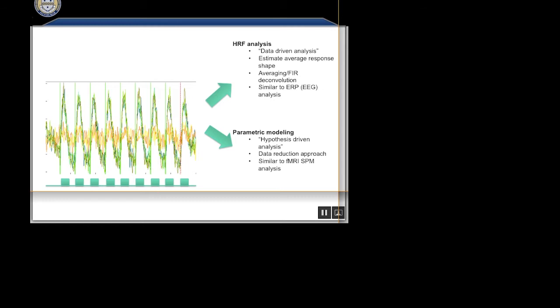The other school of thought, from people much more familiar with fMRI, was the idea of jumping straight into the hypothesis by using a canonical or parametric model. People from fMRI were familiar with AFNI or FSL or SPM, where the standard in the fMRI community is you take your stimulus timing and convolve it with an expectation of what the response should have looked like.